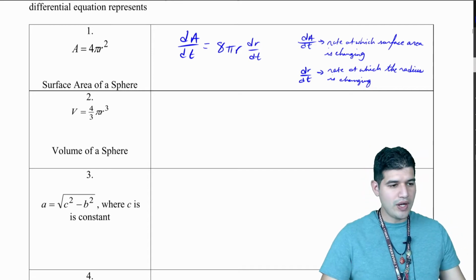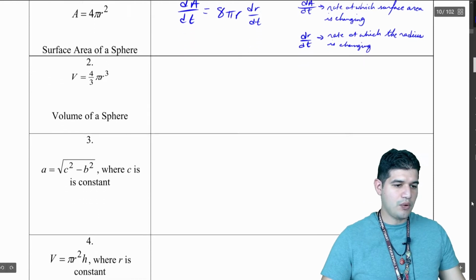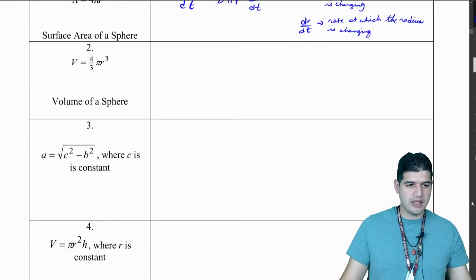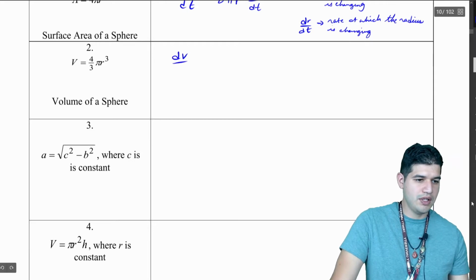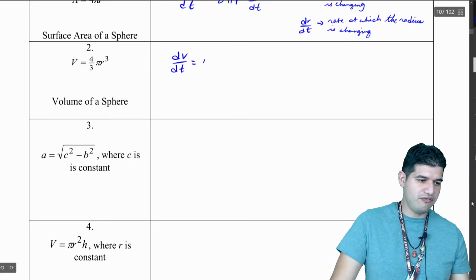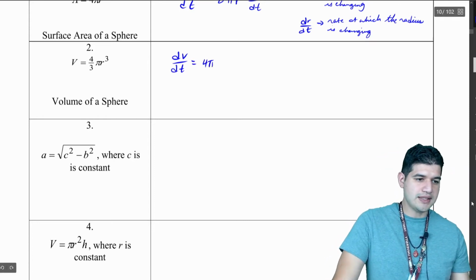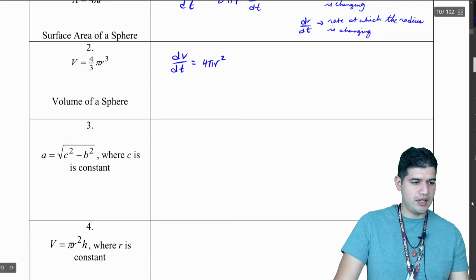Let's look at this next one. We're trying to find the volume of a sphere, so let's take that derivative. This is the derivative of the volume with respect to time. We bring that 3 down and multiply it by 4/3, so we get 4. Pi is a constant. For r, subtract 1 from that exponent, 3 minus 1 gives me 2.